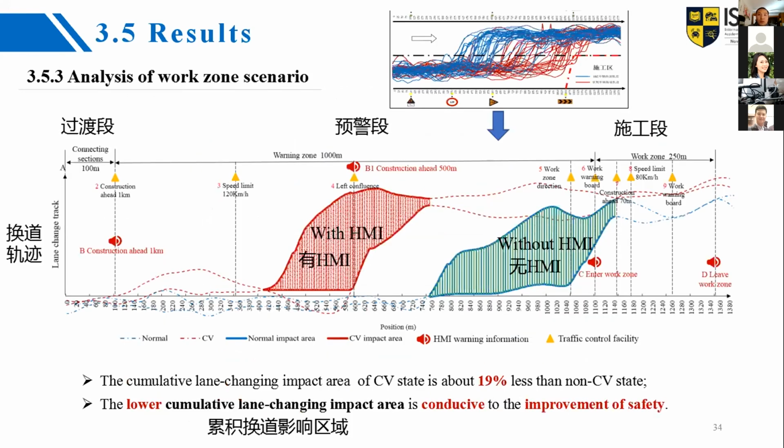For cumulative lane changing impact area, please look at this picture. The impact area of the CV state is about 19% less than the non-CV state. A smaller cumulative lane changing impact area is conducive to the improvement of safety.